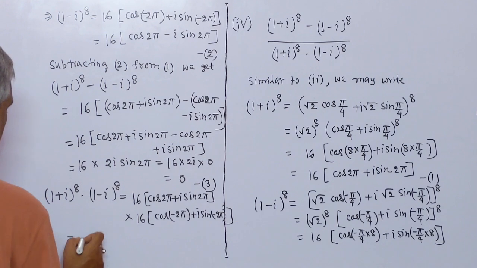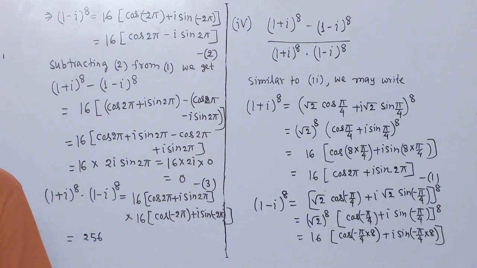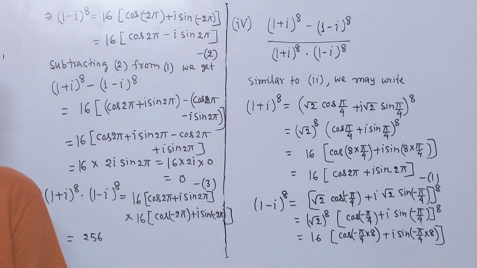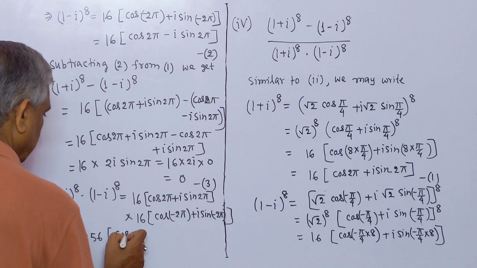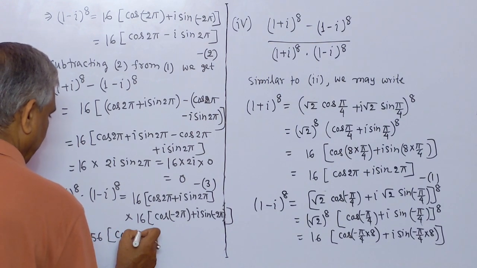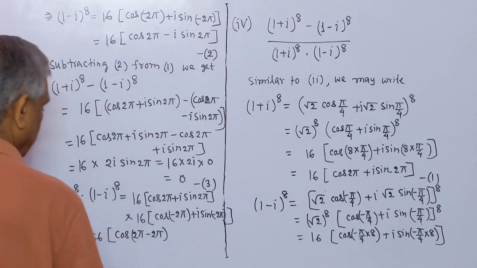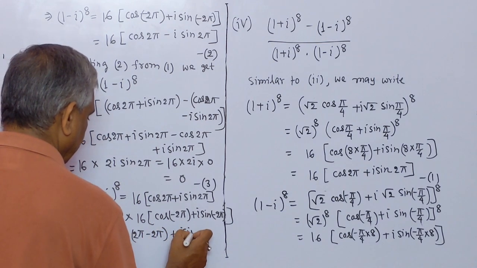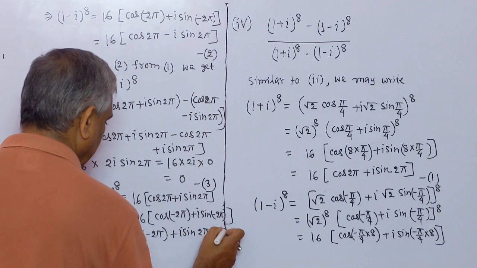This equals 256, and this multiplication, with the help of De Moivre's theorem, we get cos 2 pi minus 2 pi plus I sin 2 pi minus 2 pi.